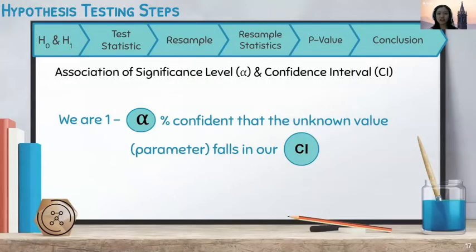So what is the relationship between significance level and confidence interval? We're saying that we are 1 minus significance level percent confident that the unknown value, our parameter, falls in our confidence interval. So 1 minus alpha, or 1 minus significance level, is also known as the confidence level.